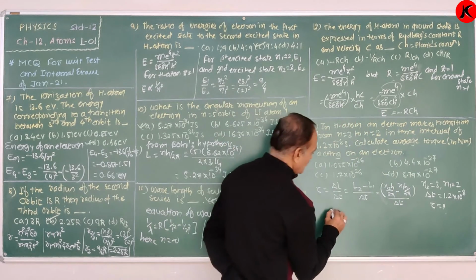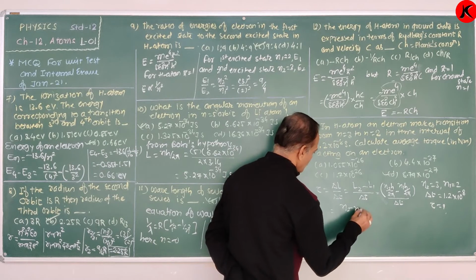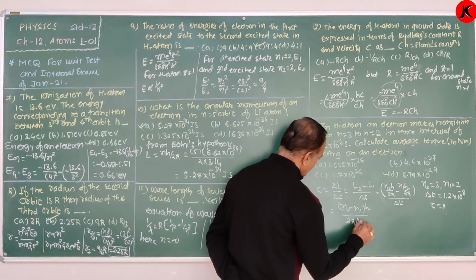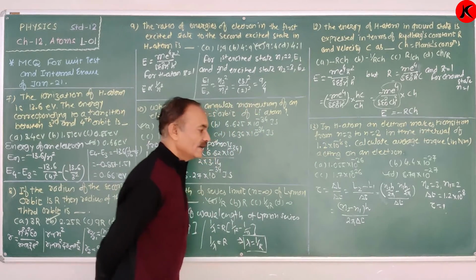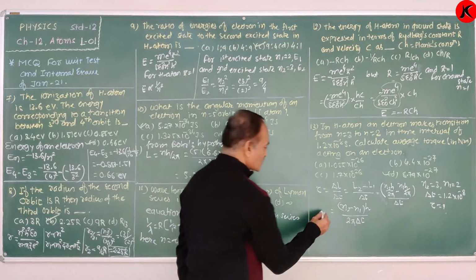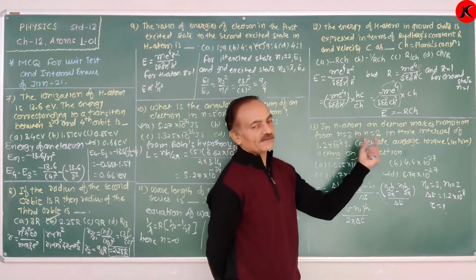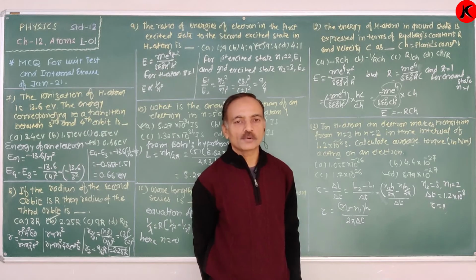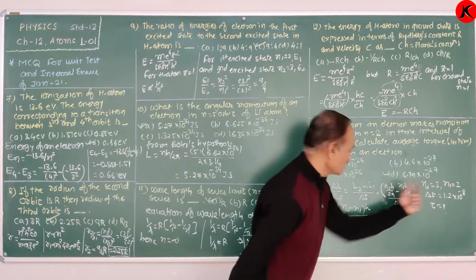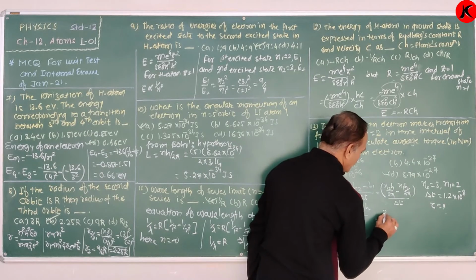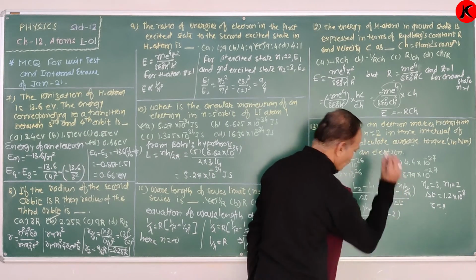Now, n2 minus n1 times h upon 2 pi delta t. That is the average torque acting on an electron when the electron makes the transition from the n2 to the n1 orbit. Here n2 is equal to 3, n1 is equal to 2. Therefore, we substitute the value 3 minus 2.